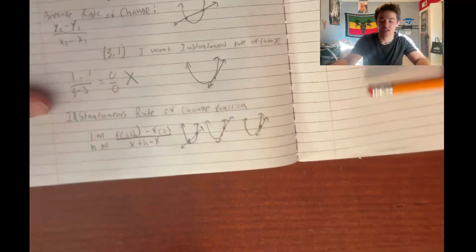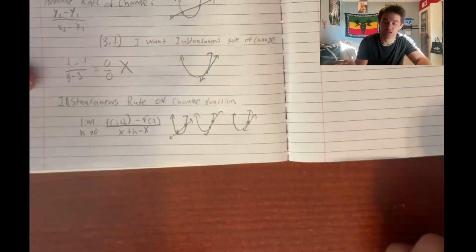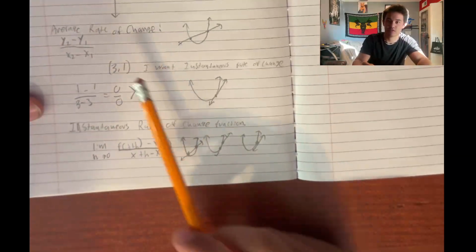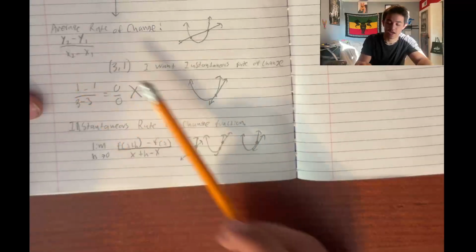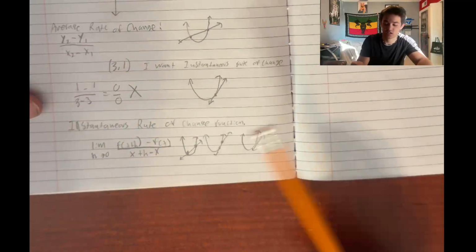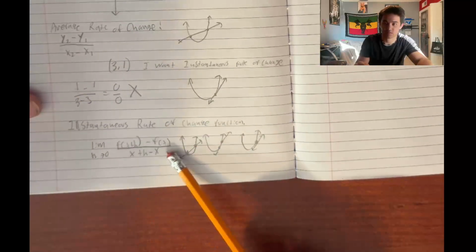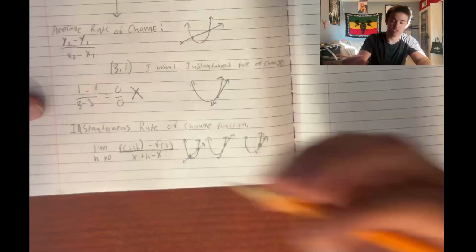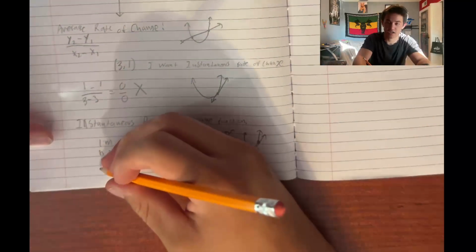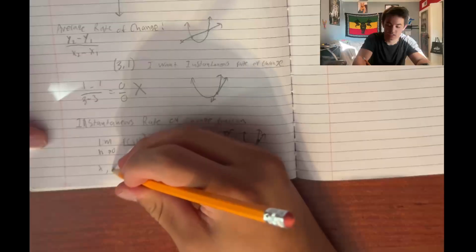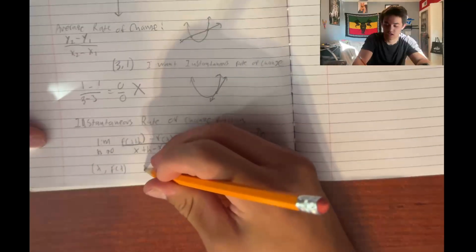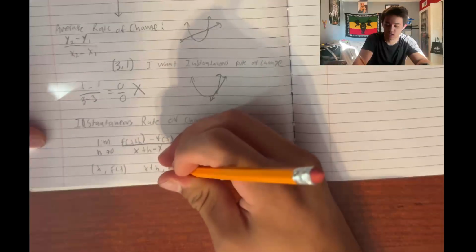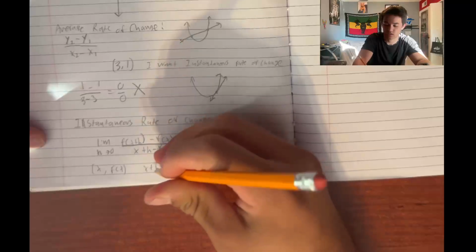You're going to add a little h into the thing. This is the same as the average rate of change function, but the y is now f of x, and it's going to be f of x plus h, and x plus h. So basically, think of it as you're trying to find the average rate of change between x and f of x, and x plus h, and f of x plus h.